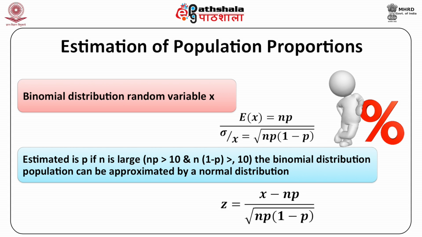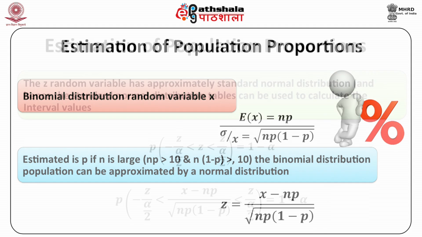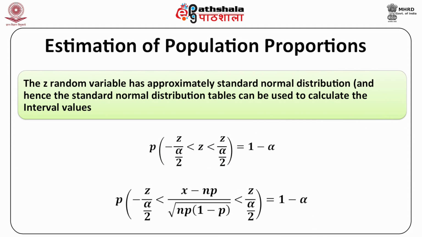Hence, standardizing the x variable by subtracting E(X) from x and dividing by sigma_x, we get the following z variable: Z = (x − np)/sqrt(np(1 − p)). The z random variable has approximately standard normal distribution, and hence the standard normal distribution tables can be used to calculate the interval values.